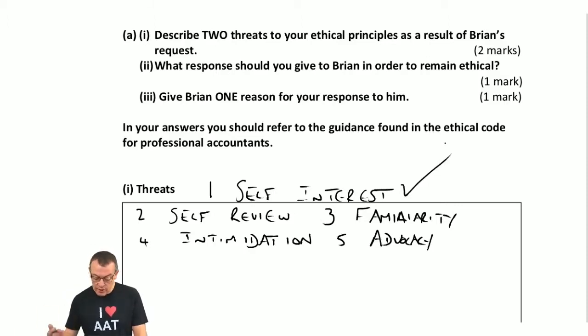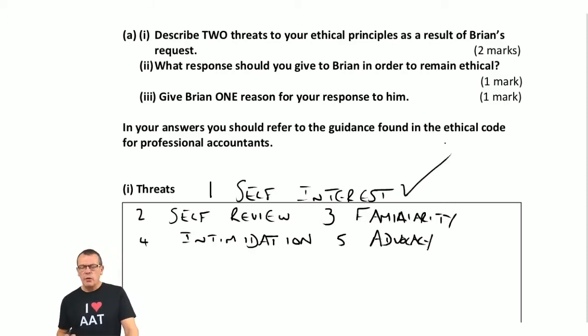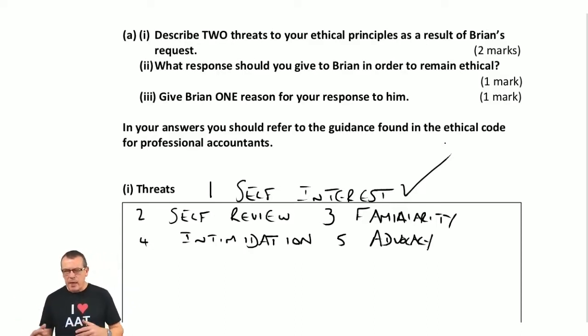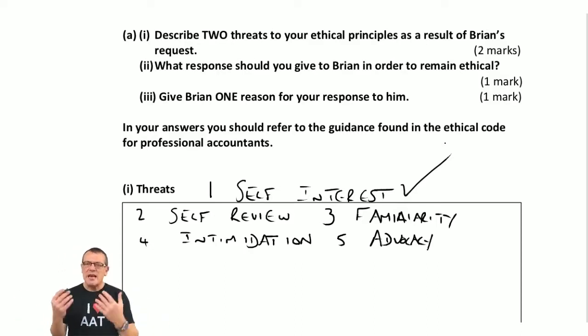Very quickly, it jumps straight out. Self-review. Well, this particular aspect of the ethical threats is where you review your own work and come up with something. So that is not part of this scenario. Familiarity. I would say yes, because your boss you're familiar with, and you've been asked to do something that really crosses the line here. So it could be that.